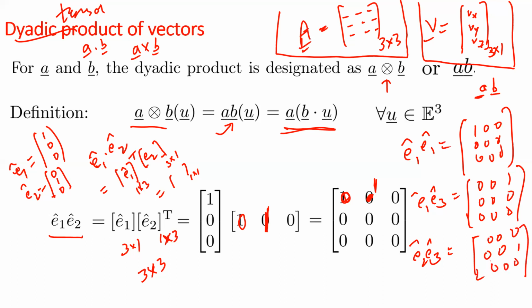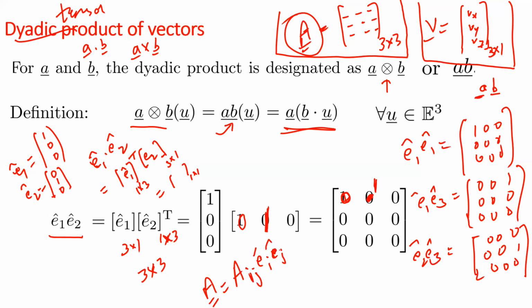Like that, you can have 9 independent such components. So effectively, your A is nothing but A_ij E_i E_j.